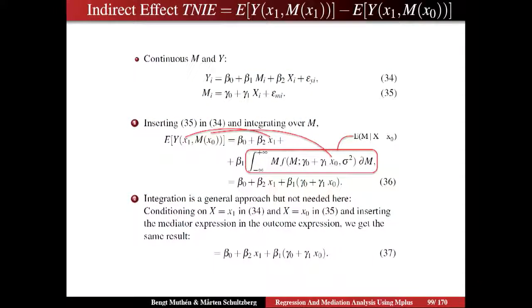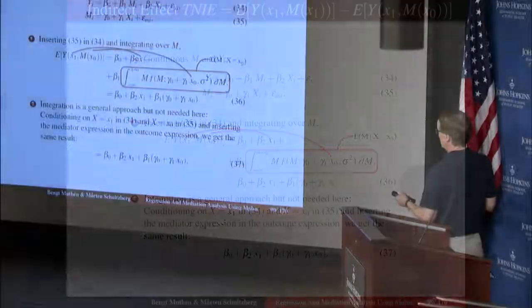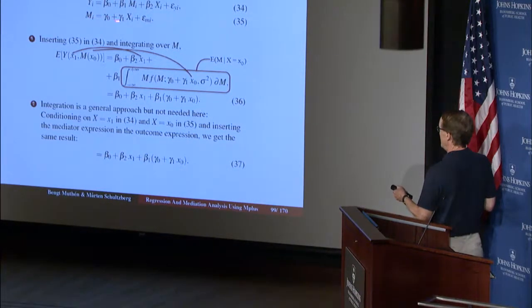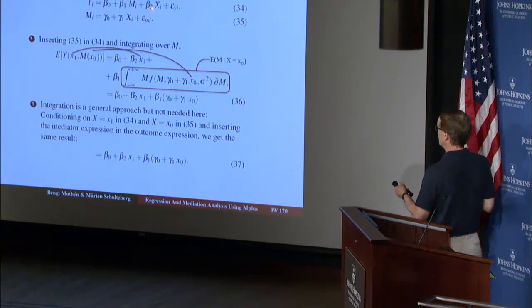This is a simple case, right? Y linearly regressed on m and x, and M linearly regressed on x. Now let's first take the integration approach and then show that's the same as a simple approach where you don't have to integrate. Once again, the critical term that we always focus on is the 1, 0, the second part of the indirect effect. So you insert m into this equation: beta 0 plus beta 2 x plus beta 1 times m.